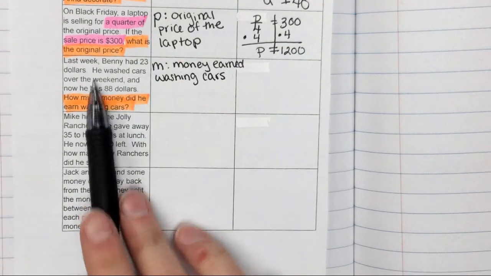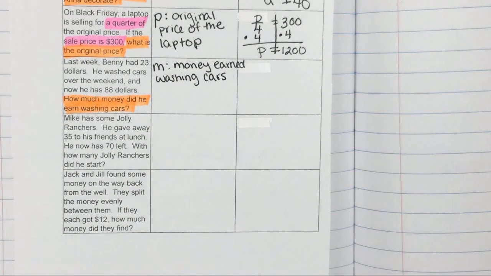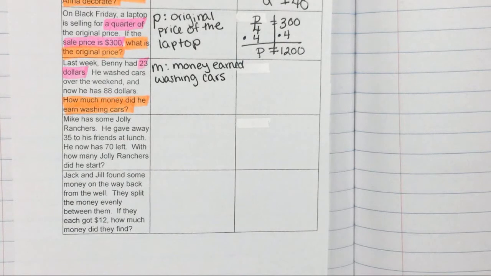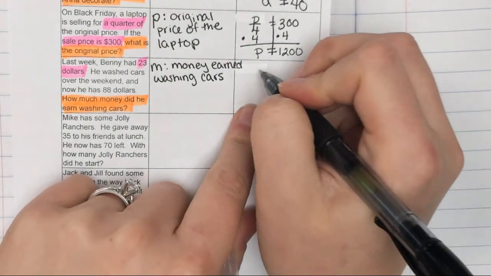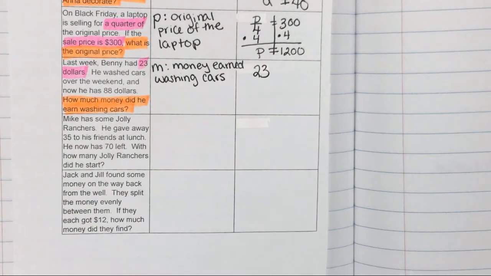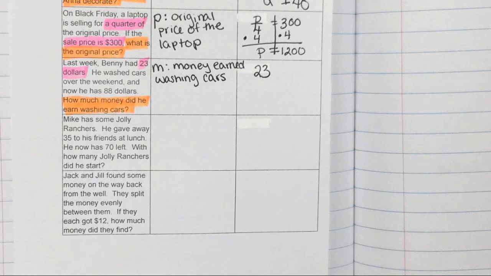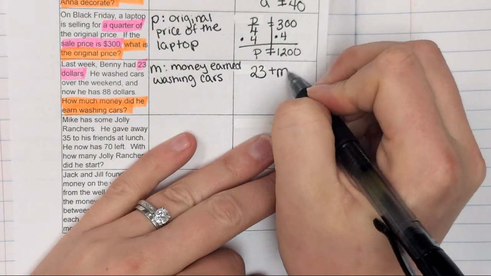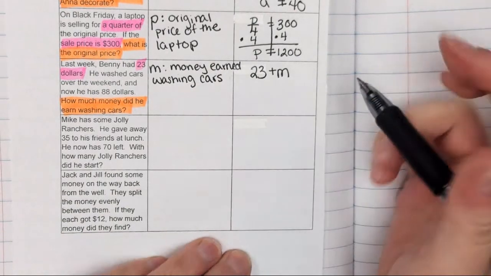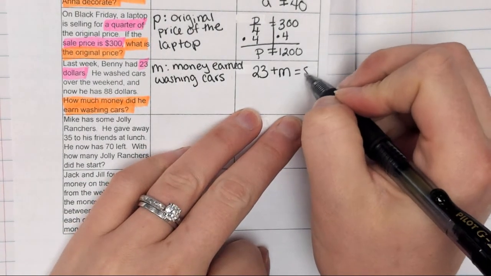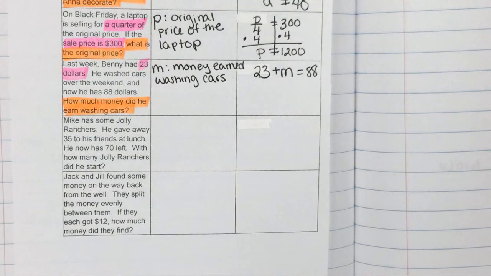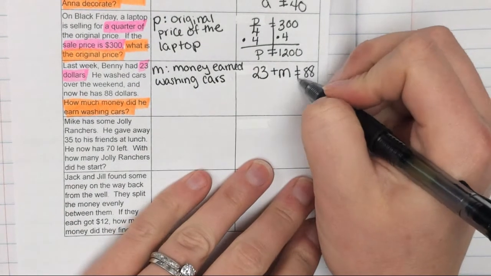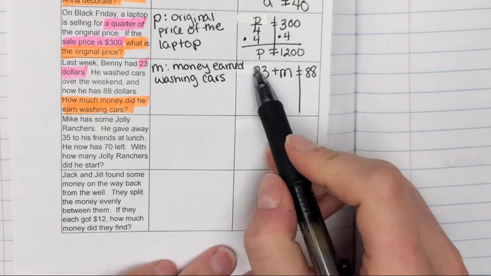So then I have to think about what's happening to M, or what's happening in my story problem. Benny had $23. So he already has $23. So my equation is starting with $23. He's earning some money. So he's adding to that some money that he made washing cars, and he now has $88. And we want to know how much money he made washing the cars. So if I look at my problem here, I have a positive $23.